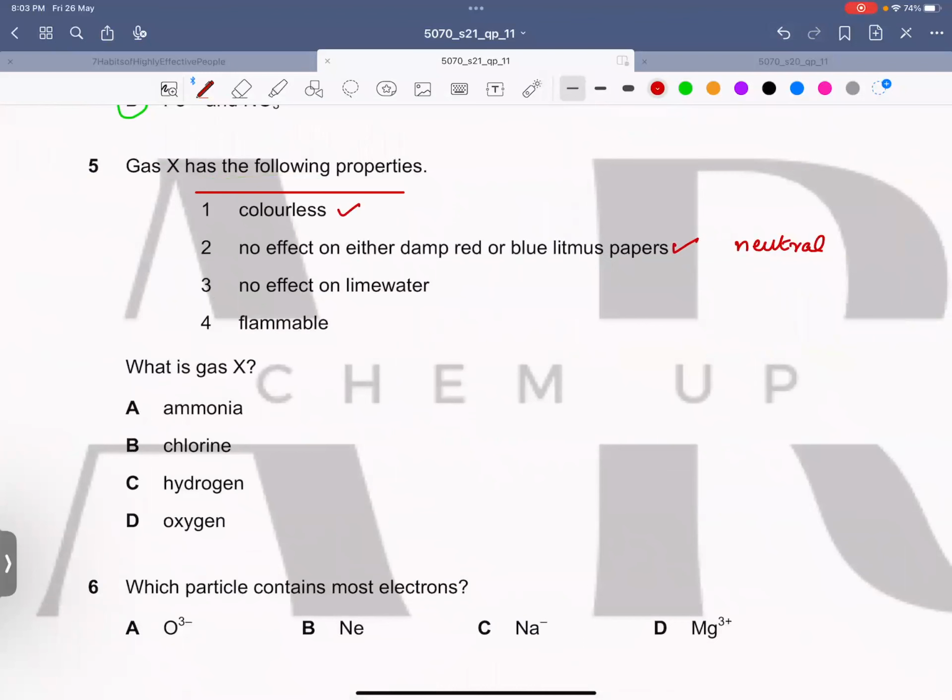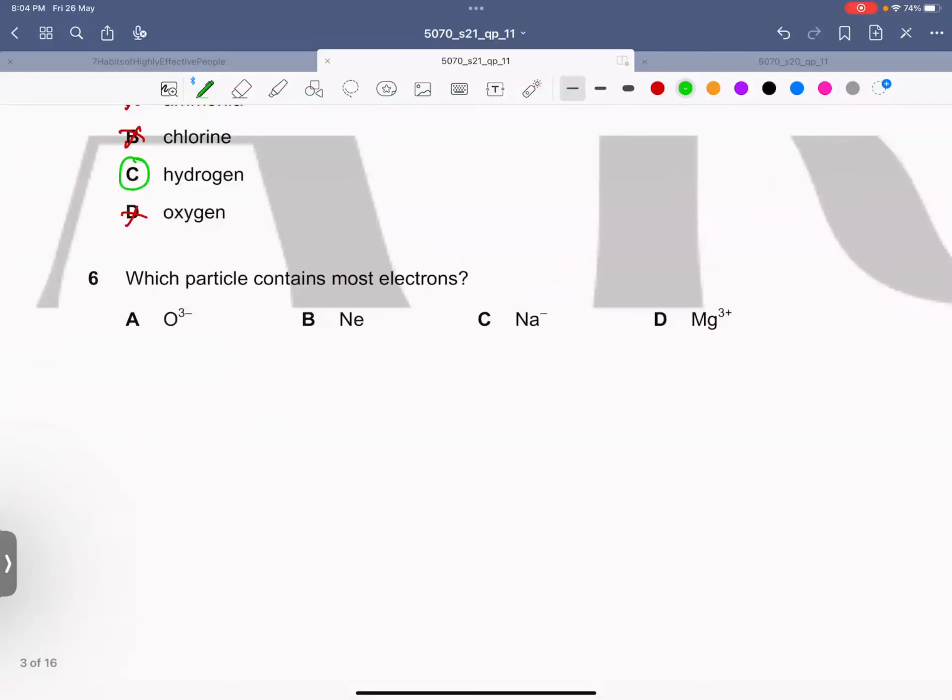No effect on lime water, which means it's not carbon dioxide, and it's flammable, which makes it hydrogen because hydrogen is flammable. So A, B, and D go wrong, and our correct answer is C. Is this understandable? Clear, sir. Okay. Now question number 6.